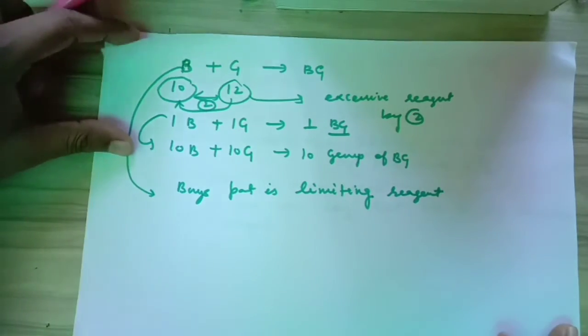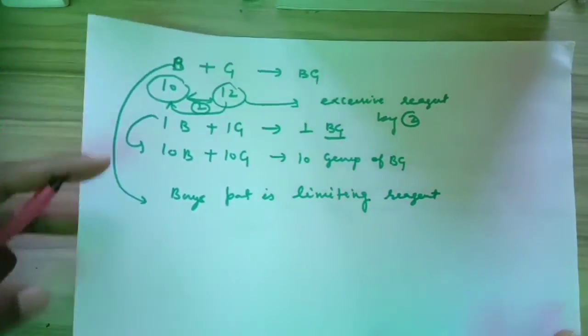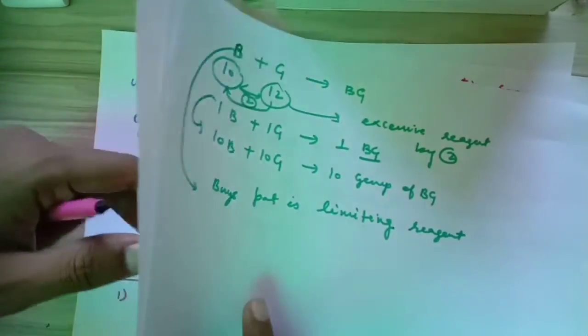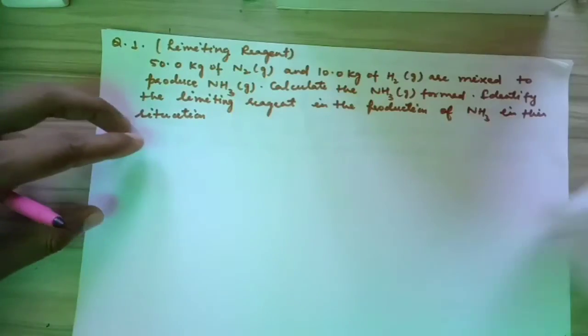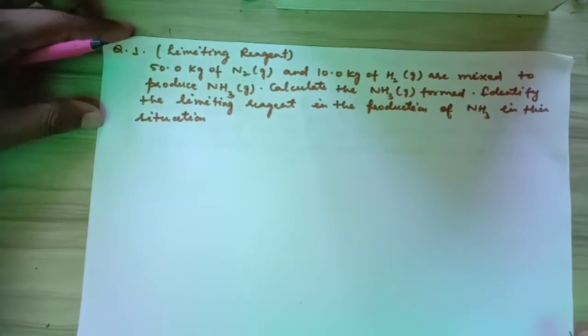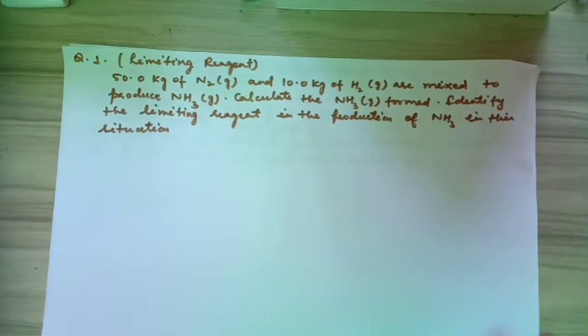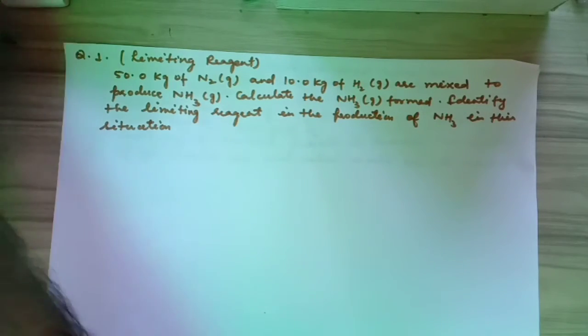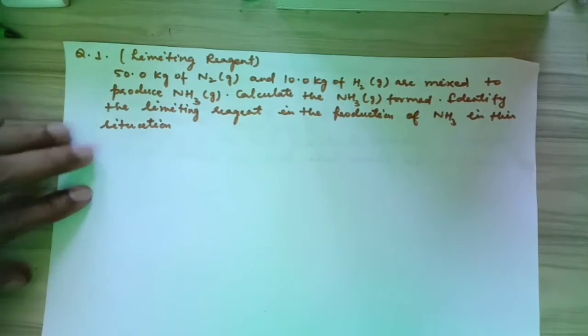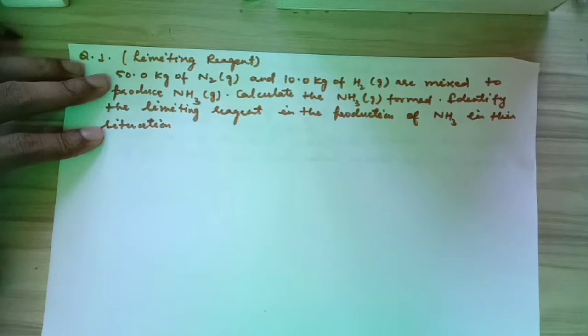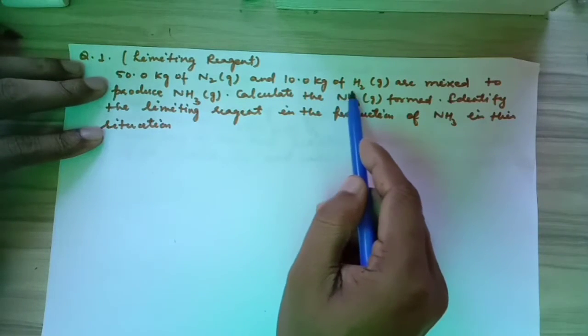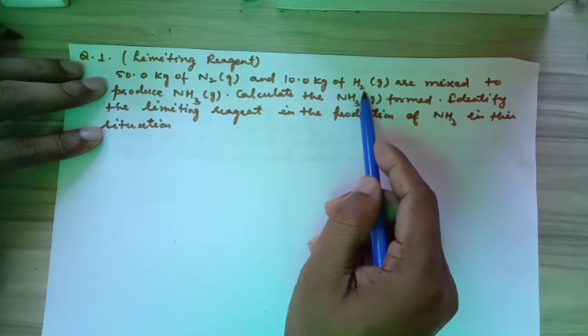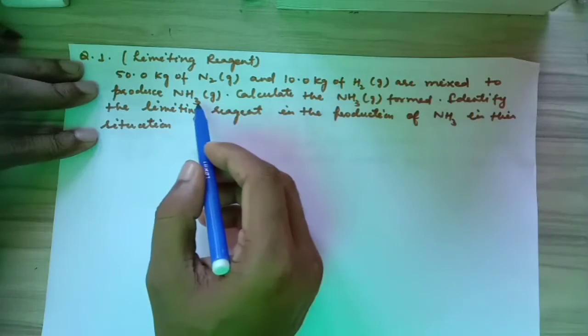Let us solve a few numericals related to the limiting reagent. So here is the question. It is given that 50 kg of N2 and 10 kg of hydrogen are mixed to produce NH3.